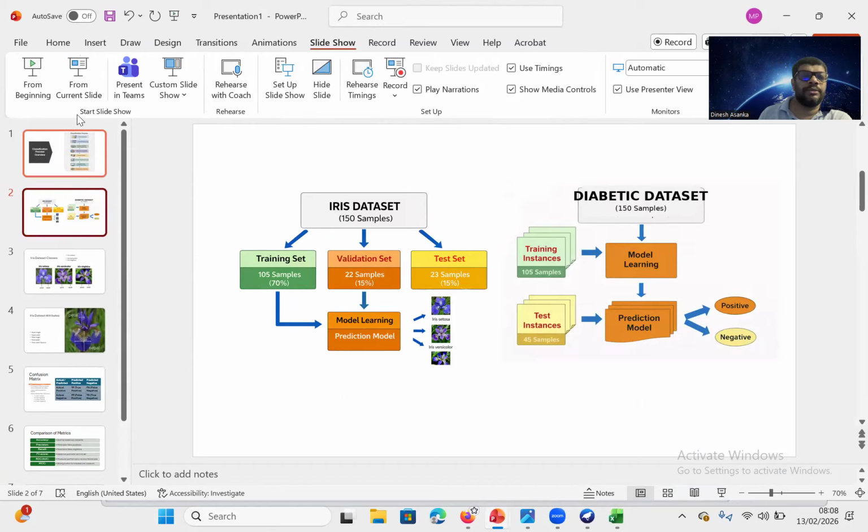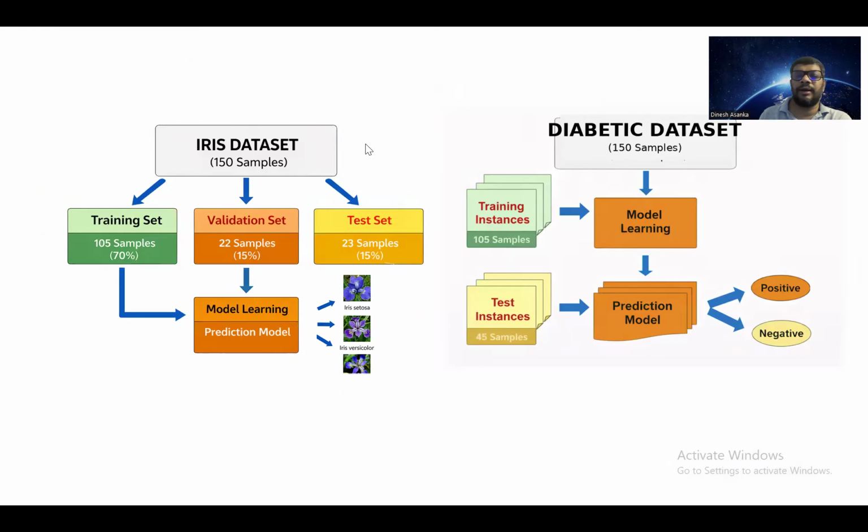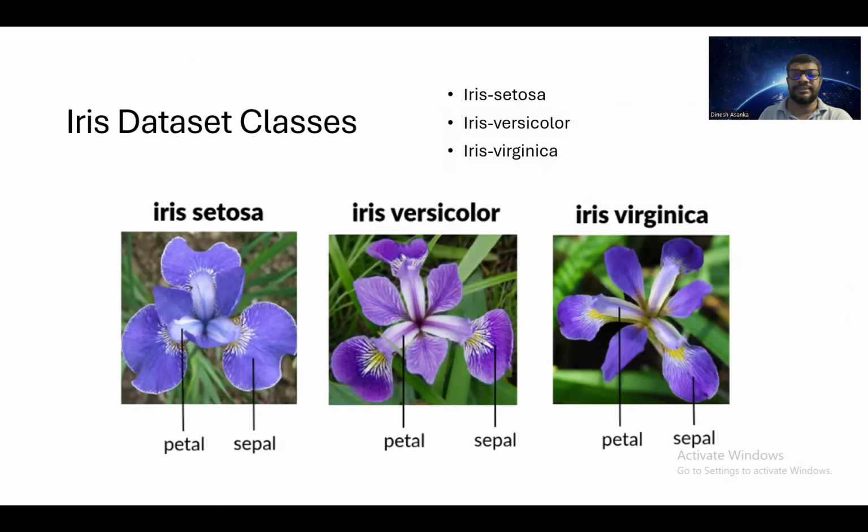Right. So now let's go back to the iris dataset. So iris dataset is a little different. It has three class variables: setosa, versicolor, and virginica. And it has a balanced dataset, right? And we have four different parameters.